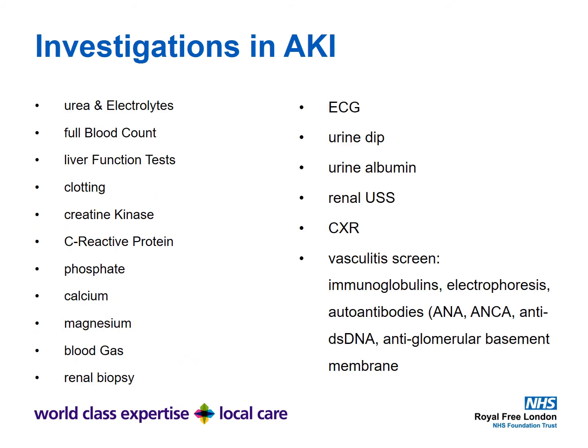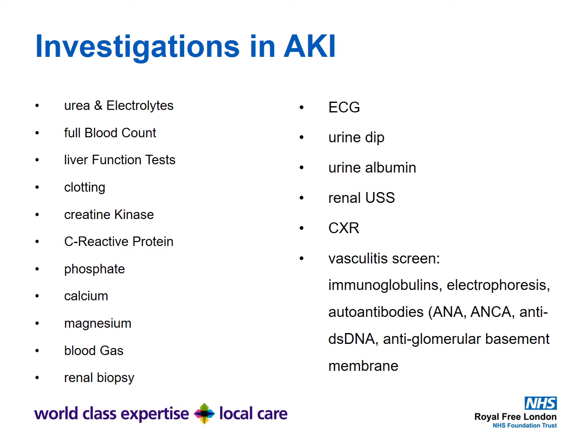So, investigations of AKI. Initial investigations will include urea and electrolytes and creatinine levels, bicarbonate, and full blood count. If the platelets are low, consider requesting a blood film and lactate dehydrogenase to diagnose haemolytic uraemic syndrome or thrombotic thrombocytopenic purpura, or TTP.